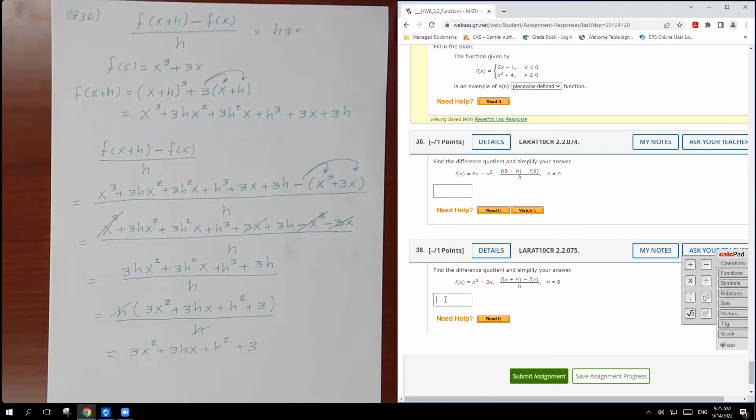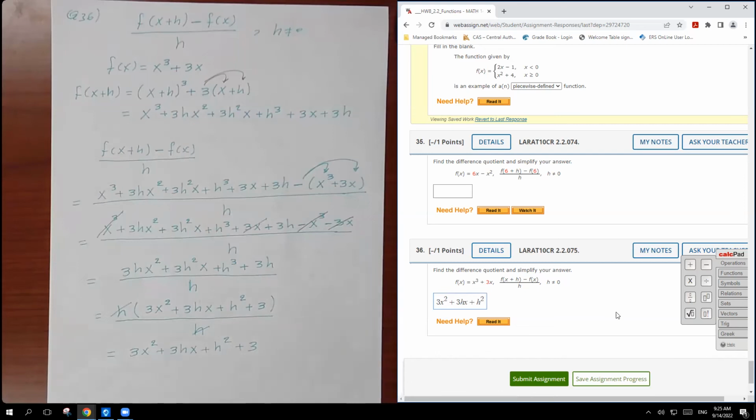So you're going to type here just the result, which is 3x squared, plus 3hx, plus h squared, and plus 3. This one is going to be the result for this one. That's it for this section.